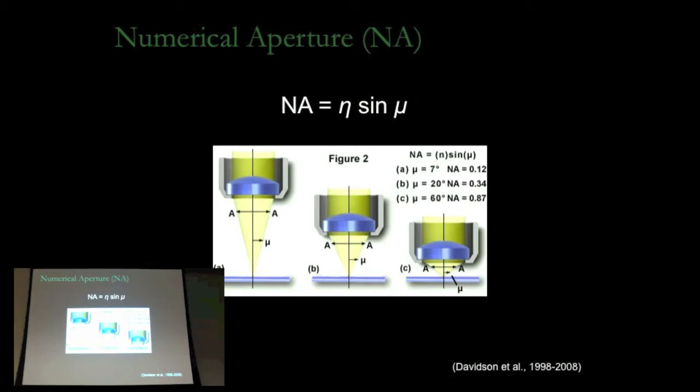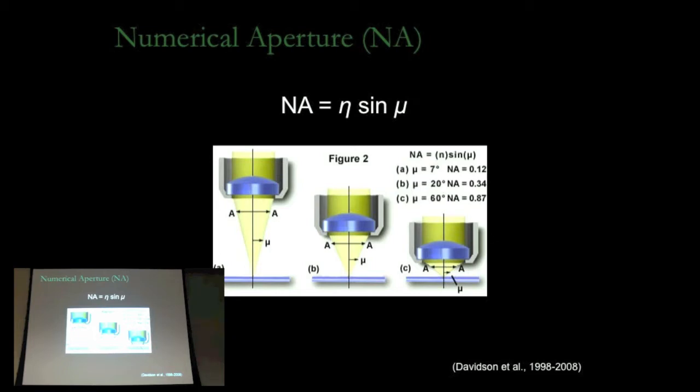Typically, the highest NA for an air objective that you're going to see is 0.9, 0.95. So you get the idea of how much of a solid angle that objective can collect. With water, the index of refraction goes up, and with immersion oil it goes up even higher.